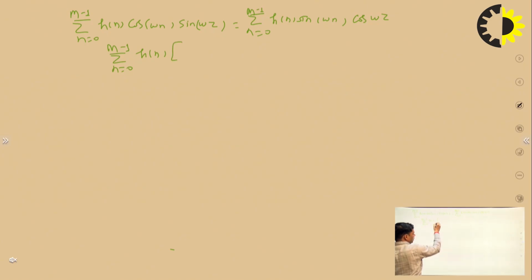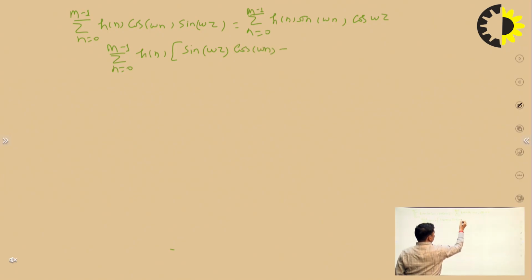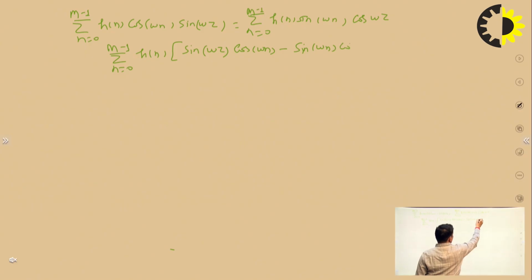So we can write it like sine(omega tau) into cos(omega n) minus sine(omega n) into cos(omega tau), which is equal to 0. So this can now look like this one.